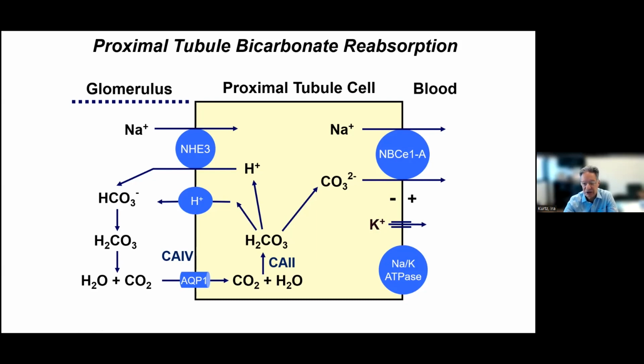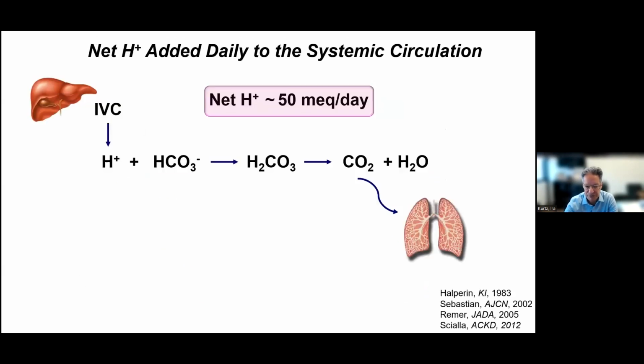Conceivably we could lose thick ascending limb bicarbonate transport, but if your proximal tubules function normally, you're only going to lose 10 to 15% of the bicarbonate transport, so you're not going to see it clinically. And if the collecting duct loses its bicarbonate absorption, we don't have a term for that either. Distal RTA is totally different. It has nothing to do with bicarbonate absorption. So the major player for bicarbonate absorption is the proximal tubule.